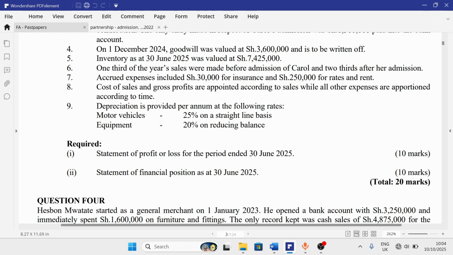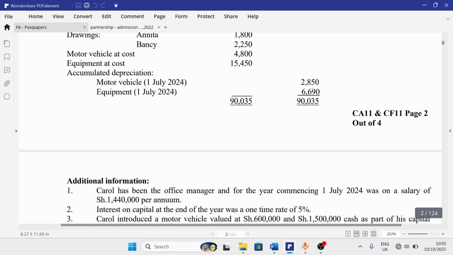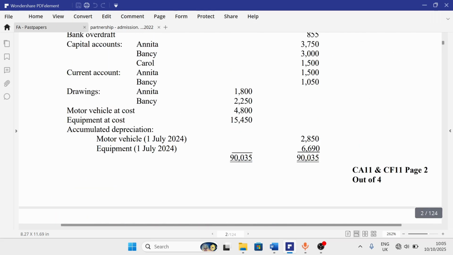So let us start with motor vehicles, 25% on straight line basis. When you are told it is a straight line basis, it means you multiply by cost. So 25% we are going to multiply by the cost of motor vehicles. In the trial balance, motor vehicle at cost was given as 4,800.